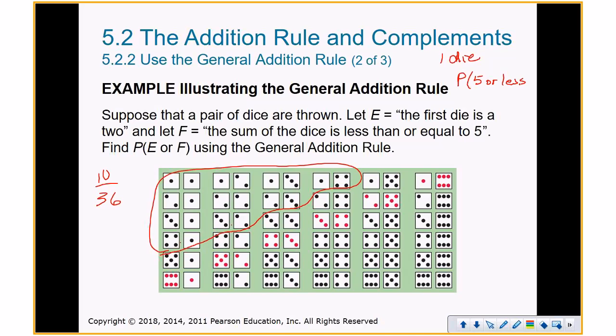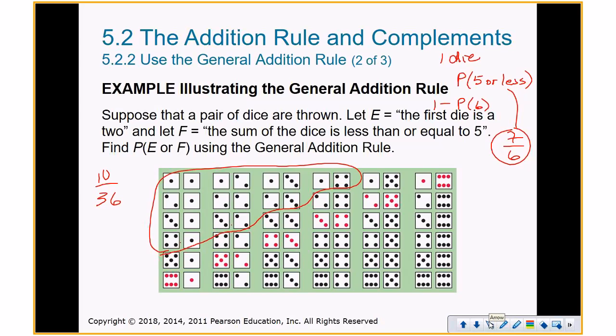You would not figure 5 or less directly. You would say the probability of 6 subtracted from 1. The probability of 6 is 1/6. So what would the probability of 5 or less be? 5/6. Using the complement. Okay, anyway.